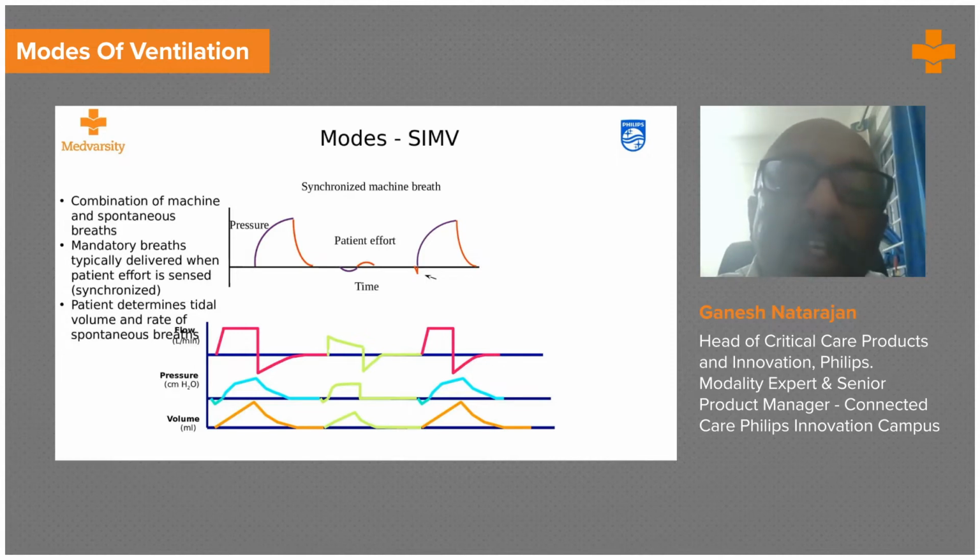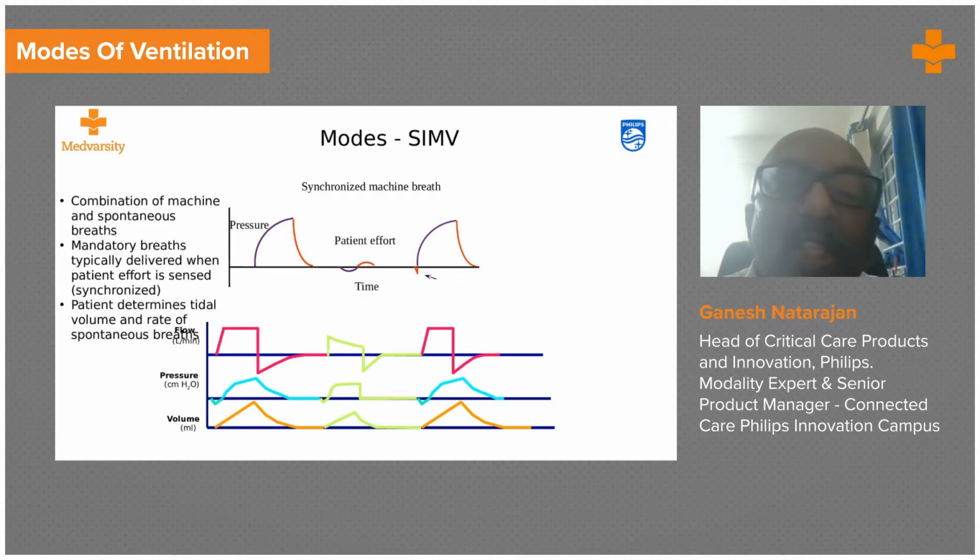If there is a patient trigger in the trigger window, you could have an assisted breath. And if you set a pressure support and there is a patient driven breath outside the trigger window, then you could also have a pressure support breath. So all kinds of breaths are possible in SIMV: mandatory, spontaneous, pressure supported, and assisted.